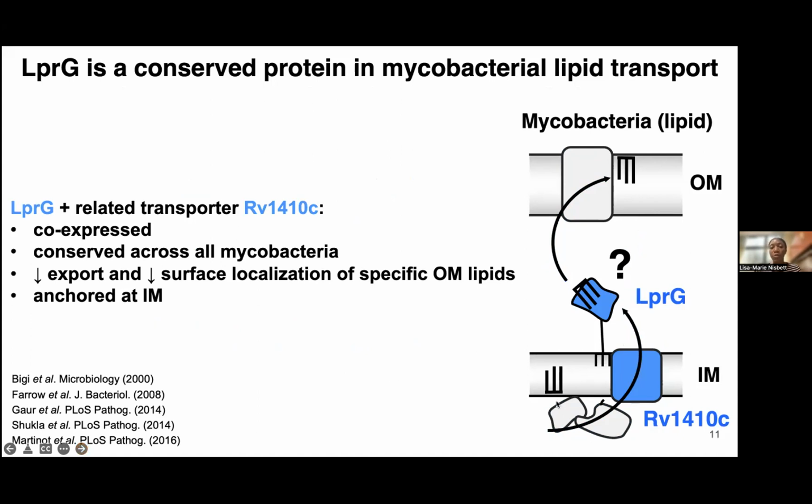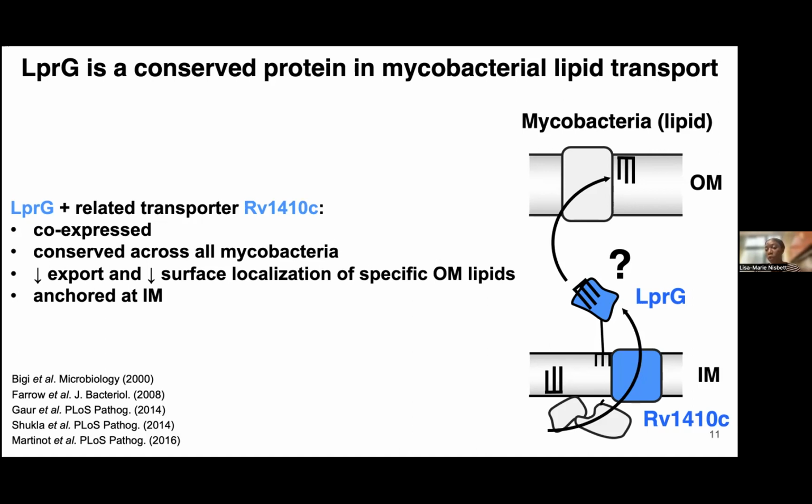LprG is co-expressed with an integral membrane protein called Rv1410c. Both proteins are conserved across all mycobacteria, and when both are removed, decreased export and decreased surface localization of specific outer membrane lipids occurs, which suggests that both LprG and Rv1410c are important for the transport of lipids to the mycobacterial outer membrane.